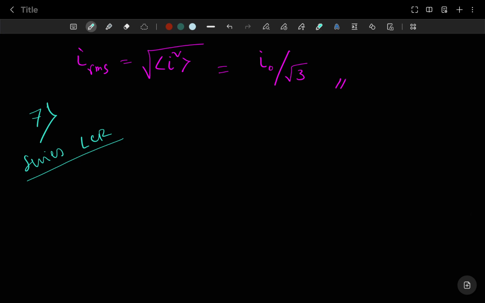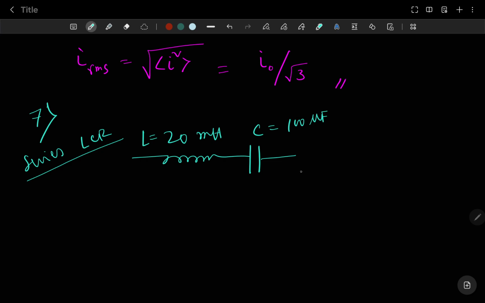Series LCR. So we have an inductor of 20 millihenry, a capacitor of 100 microfarad, and a resistor of 50 ohm.